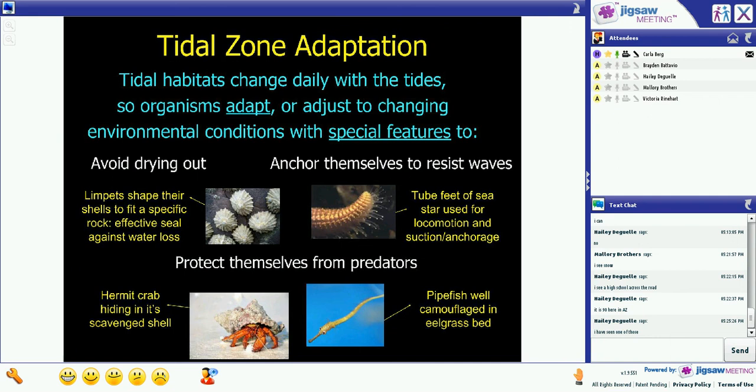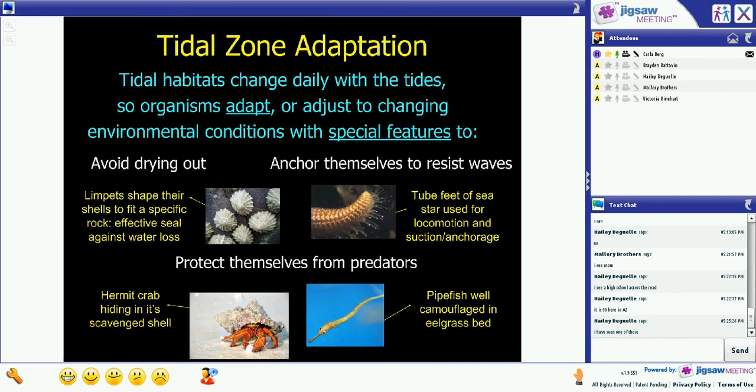The little hairs that are sticking out of its arm are called tube feet. They use these tube feet to move across the bottom of the ocean, and they have little suction cups on the bottom of the tube feet to hold onto rocks or pilings or anything hard.